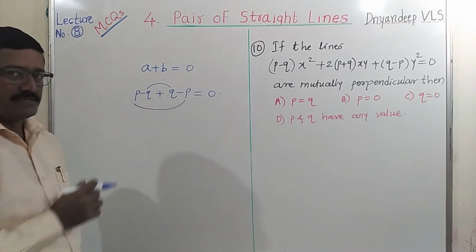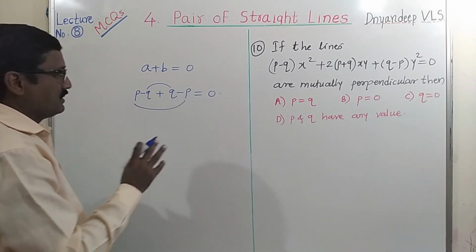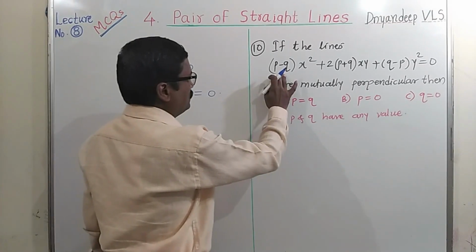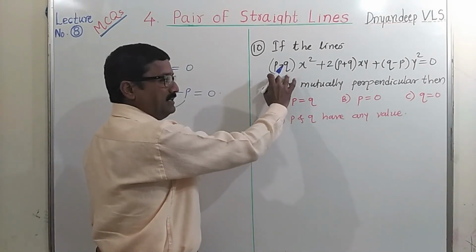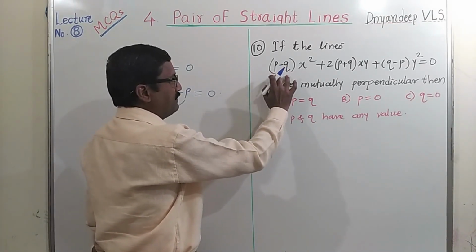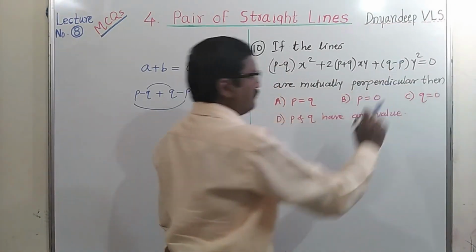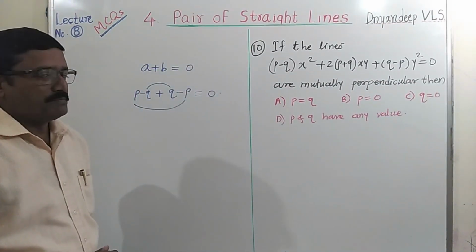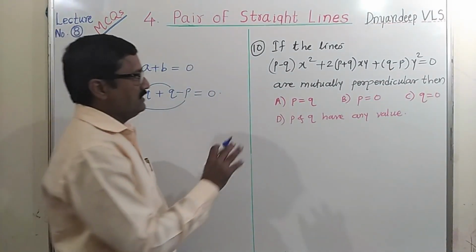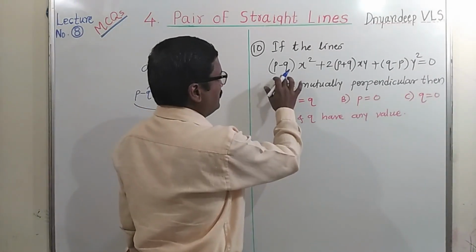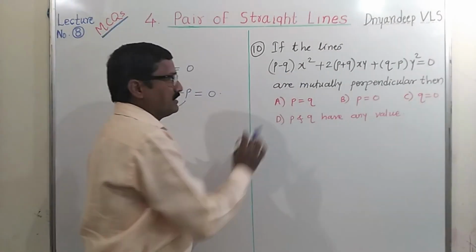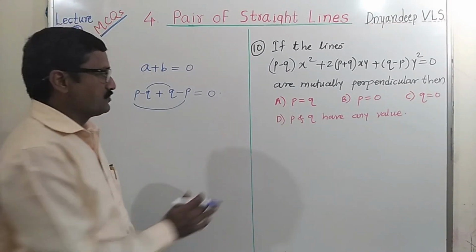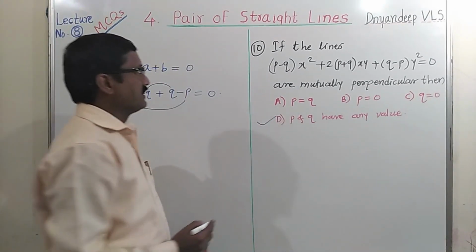So the condition is satisfied here. That means whatever value of p and q you take, p minus q is obviously the negative of q minus p. So for any values of p and q, this equation represents perpendicular lines. So answer D is correct here.